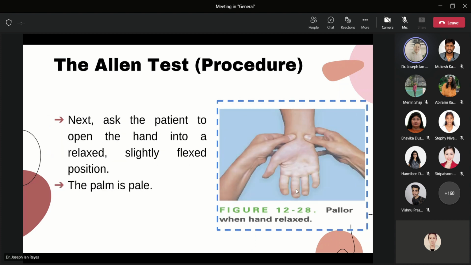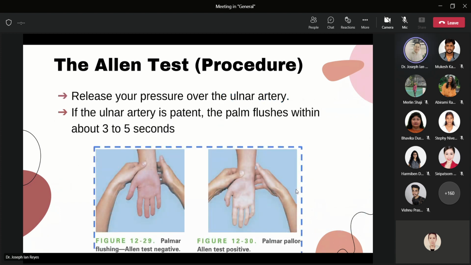When they open their hand, you release one blood supply and you will see reperfusion and check if it is patent or normal. Upon releasing, you have good perfusion, about 3 to 5 seconds to reperfuse.